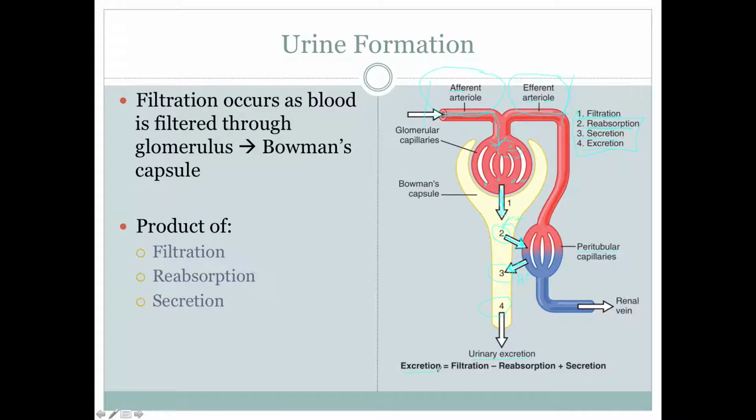So excretion is going to be the products of glomerular filtration, minus anything that's reabsorbed back into the bloodstream that wasn't meant to be gotten rid of, plus anything extra that was secreted by the body into the urine to get rid of in a different way.